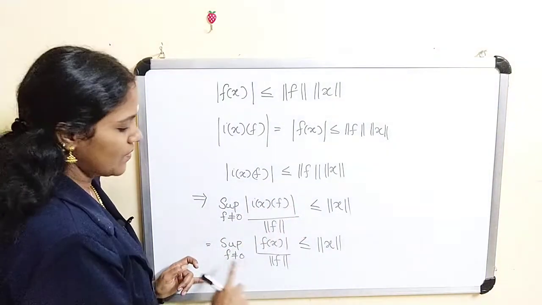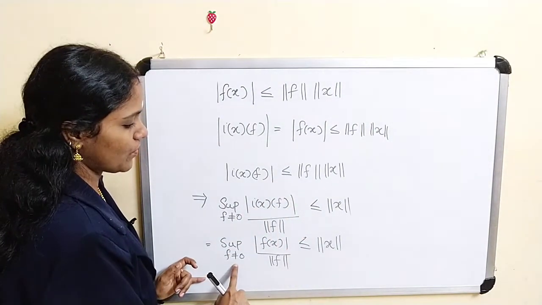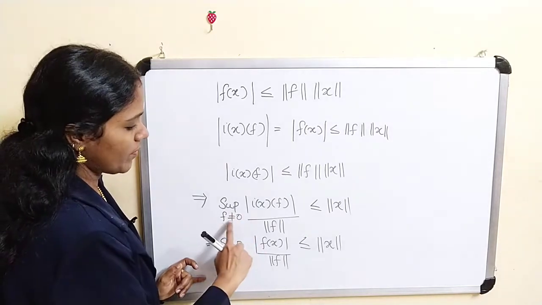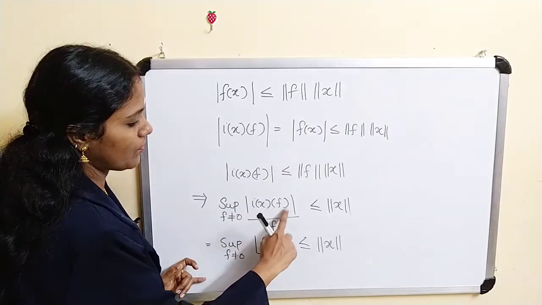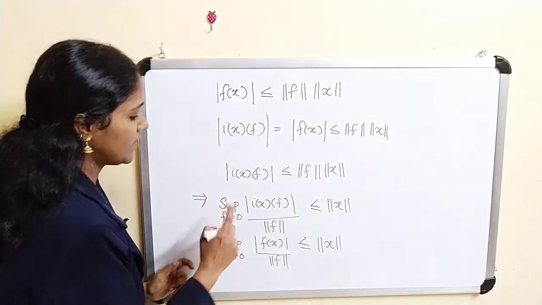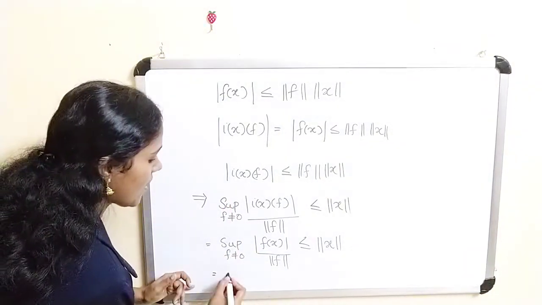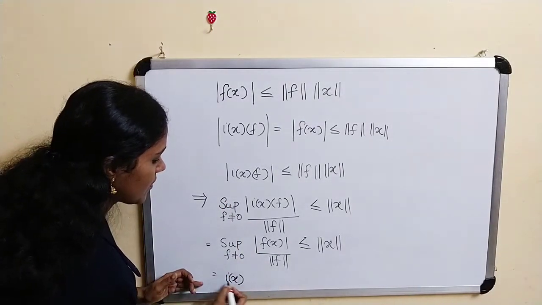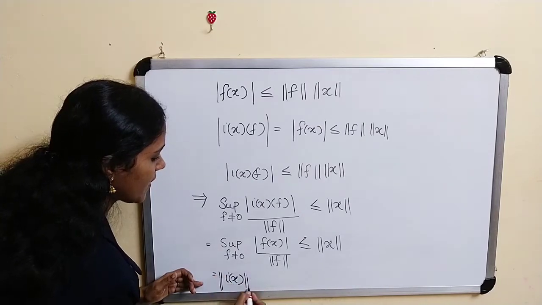Okay, now what is this value? Supremum over f not equal to 0 of I of x of f divided by norm of f is actually the same as norm of I x.